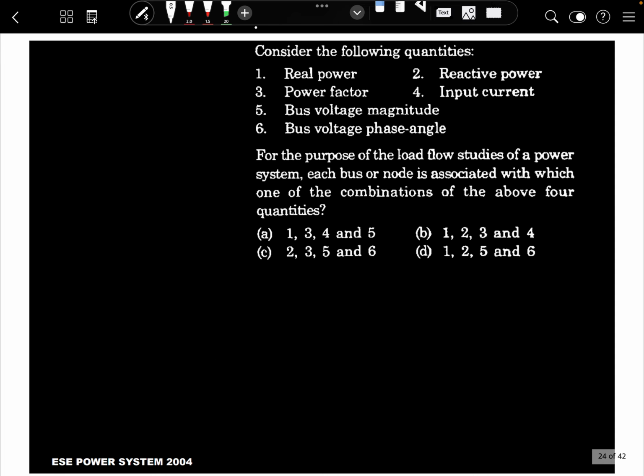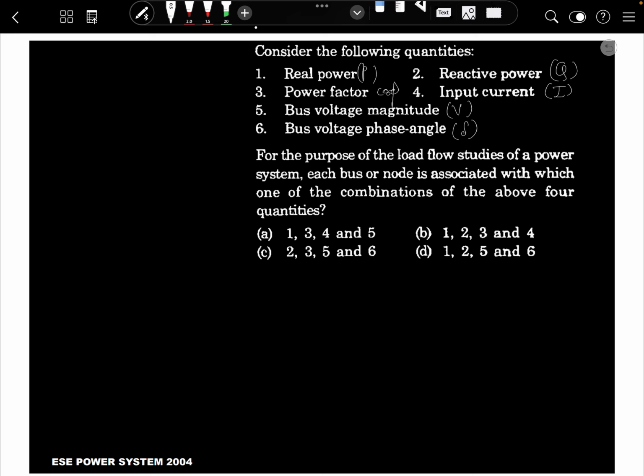Next, consider the following quantities: real power P, reactive power Q, power factor cos phi, input current I, voltage magnitude V, and delta phase angle. Which of these are associated with each bus node in load flow studies, in a combination of the above quantities?